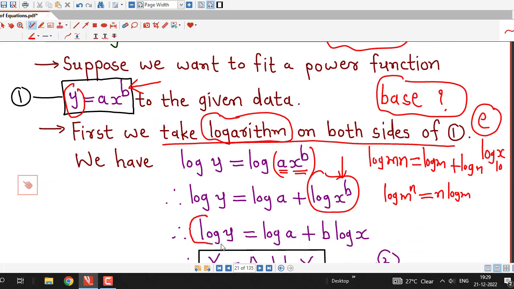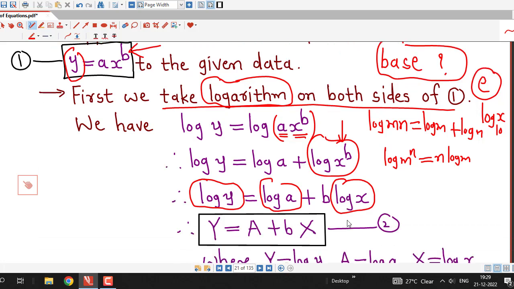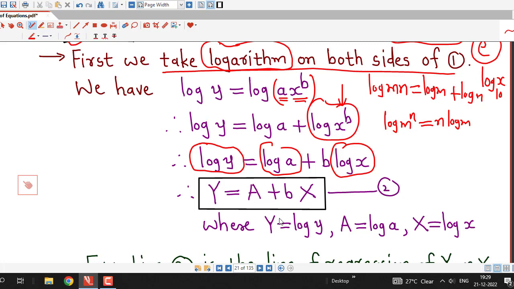Now suppose I denote log of y by capital Y, log of small a by capital A, and log of small x by capital X, then I obtain this expression: capital Y equal to capital A plus small b times capital X, where capital Y is log of y, capital A is log of a, and capital X is log x. Now what is this expression 2?